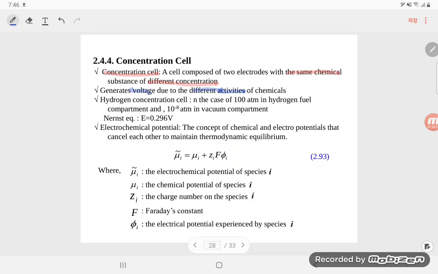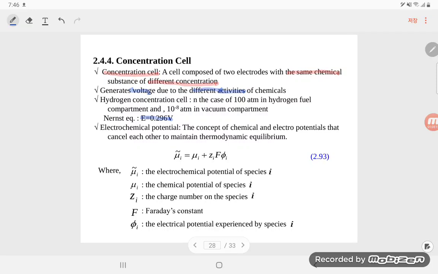In a hydrogen concentration cell, with 100 atm in the hydrogen fuel compartment and 10 to the minus 8 atm in the vacuum compartment, they generate this voltage.